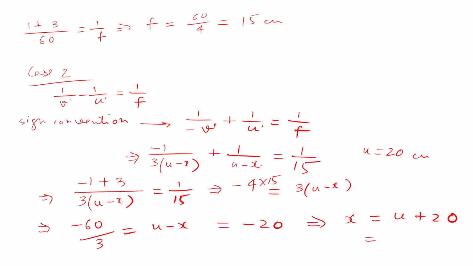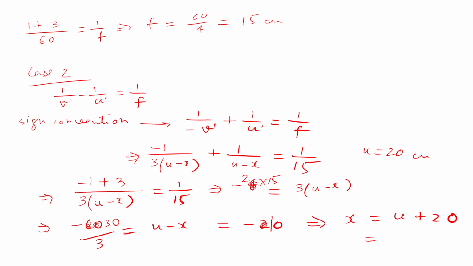No, this is fine. This is also fine. When we take the LCM, we'll get this. 3 minus 1 is 2. So it will be 30. So it will be minus 10.